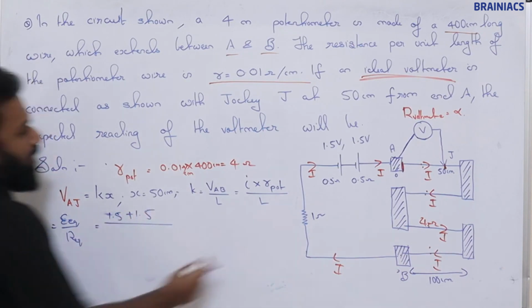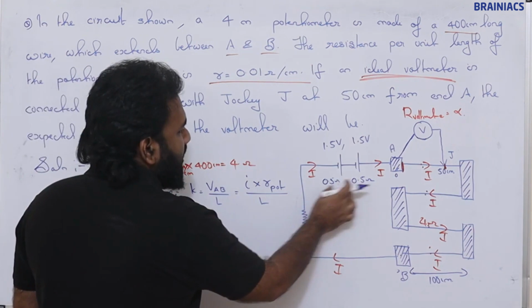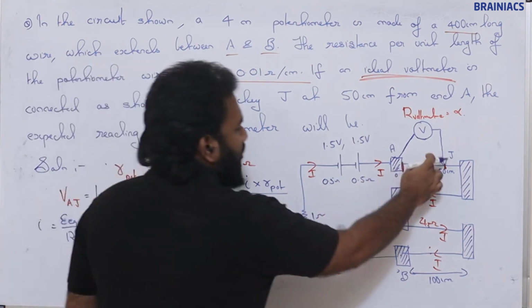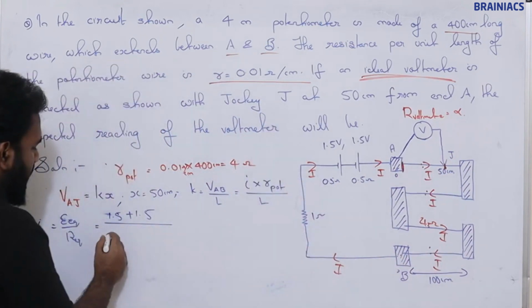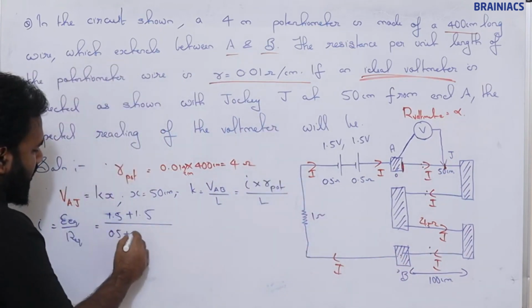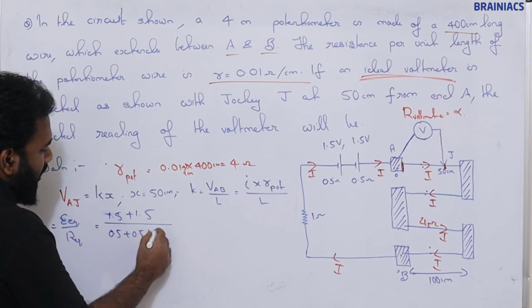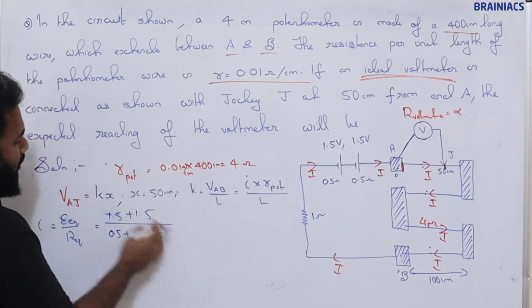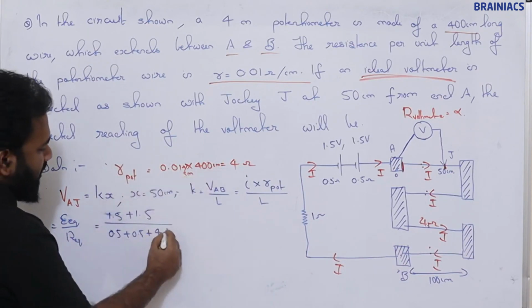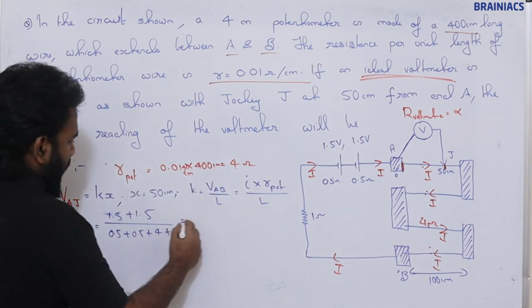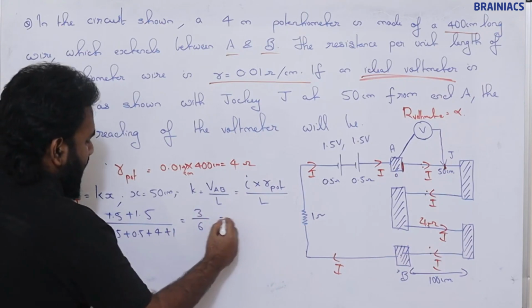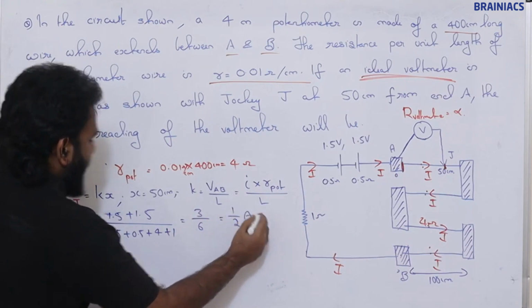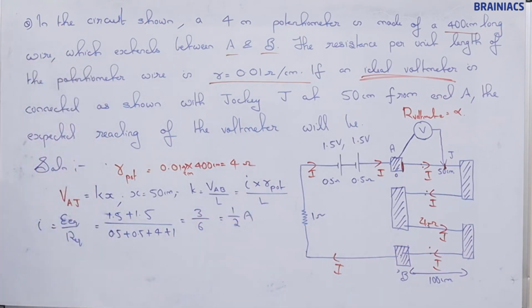What is R equivalent? Its internal resistance plus this internal resistance plus this potentiometer wire resistance plus this external resistance. So 0.5 plus 0.5 plus 4 plus 1. So this is going to be 3 by 6, which is equal to 1 by 2 ampere. So current is 1 by 2 ampere.